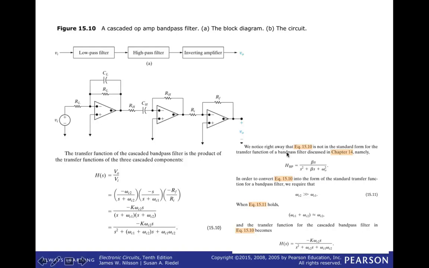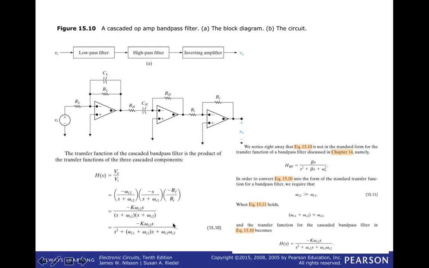Now, remember from chapter 14, and it's important to point this out because there are some key differences between active and passive filters. In chapter 14, when we discussed the passive bandpass filter, which is constructed from an RLC circuit, we came up with this equation where beta is the bandwidth and omega naught is the center frequency.